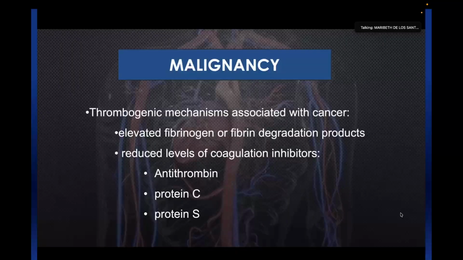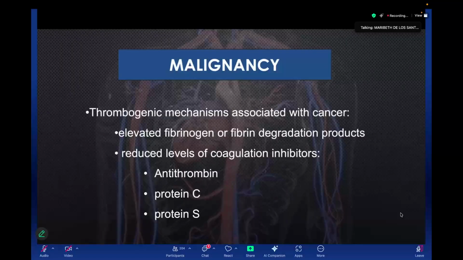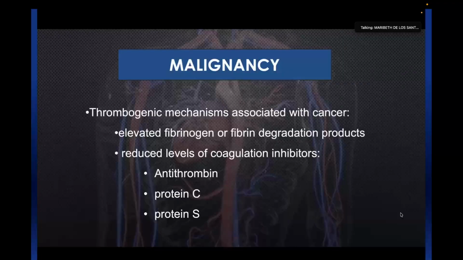There are thrombogenic factors that are elevated with cancer and therefore makes one prone to develop DVT. These are fibrinogen or fibrin degradation products, reduced levels of coagulation inhibitors like antithrombin, protein C, and protein S, which are the naturally occurring anticoagulant in the body.